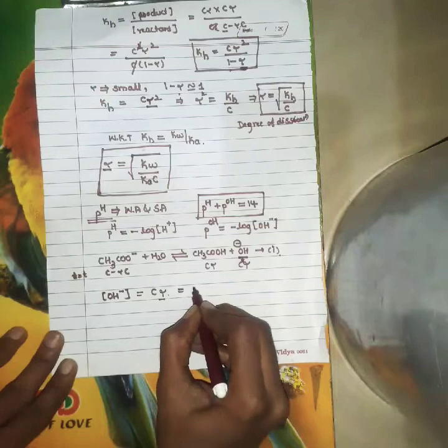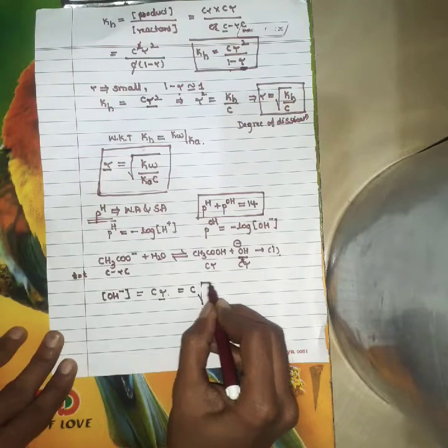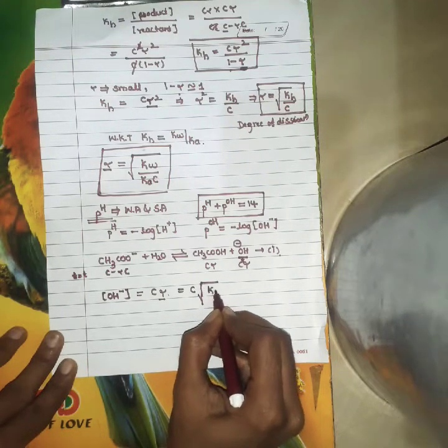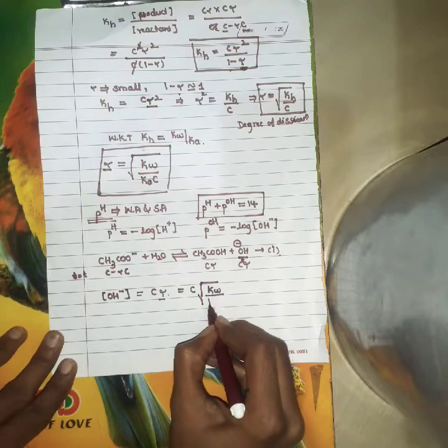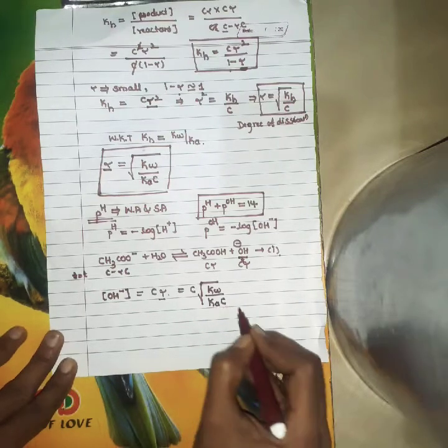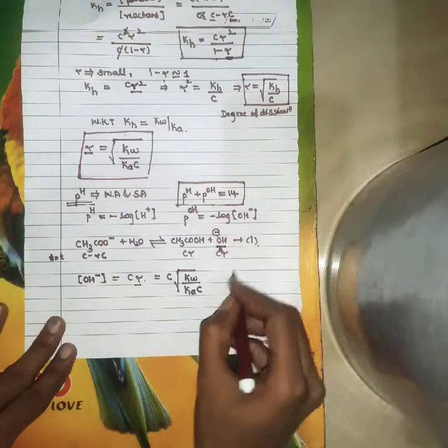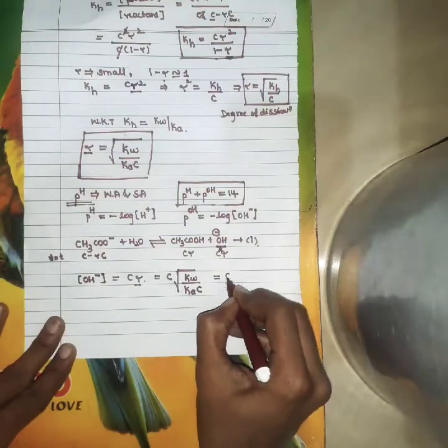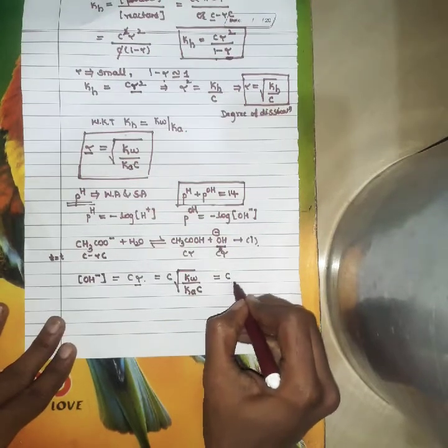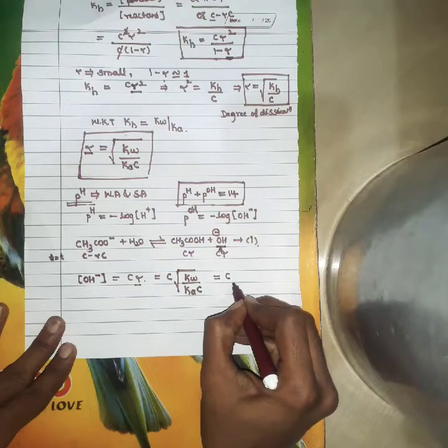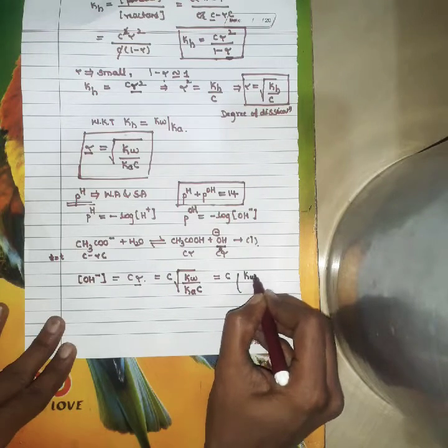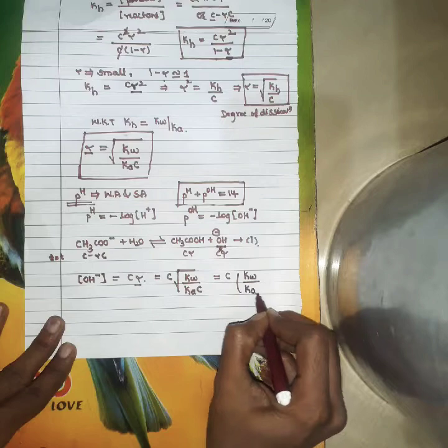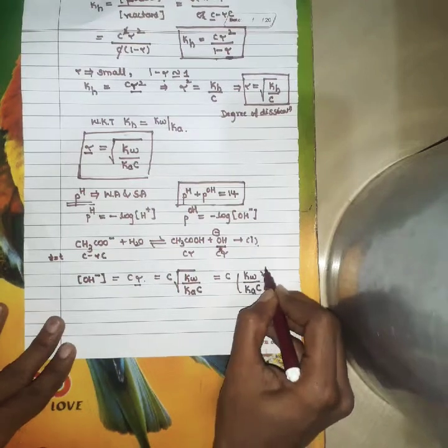Substitute alpha, which is square root of Kw divided by Ka into C. After that, you have to write it in square form: C into Kw divided by Ka into C, raised to 1 by 2.